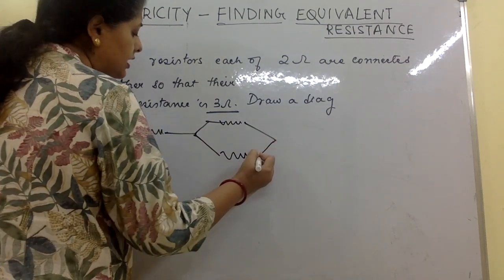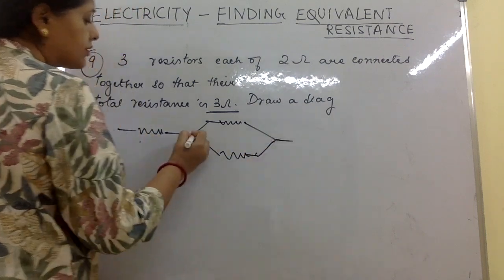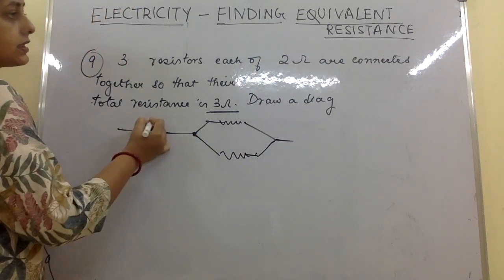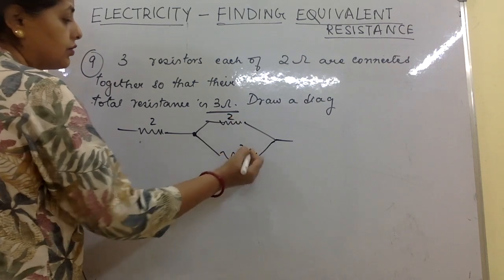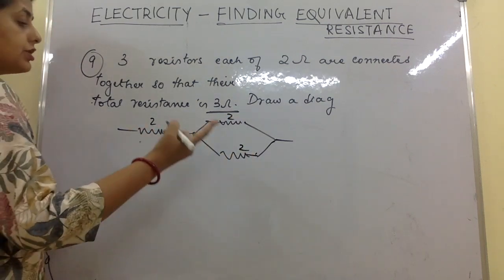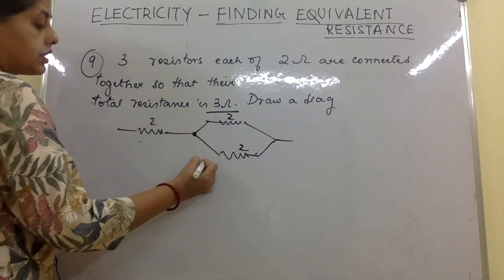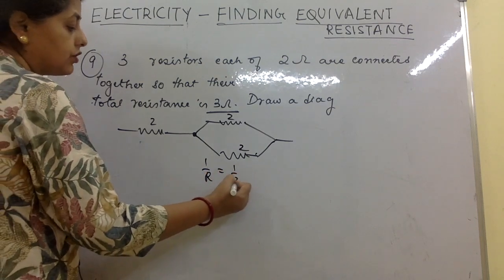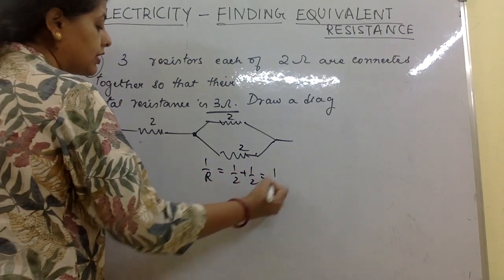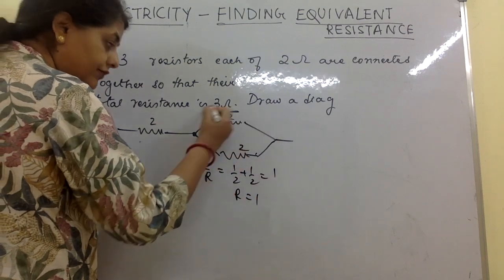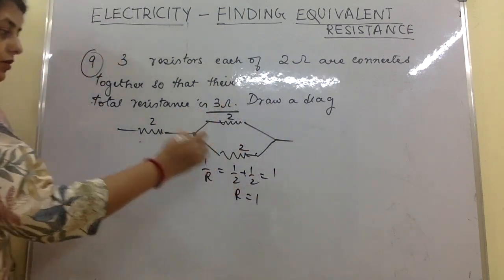So this is something you have to try out a little bit. So here this is 2 ohms, 2 ohms and 2 ohms. Now how much is that? Let me find for this first. 1 by R is 1 by 2 plus 1 by 2, which is 1. R is equal to 1 only for the parallel portion.